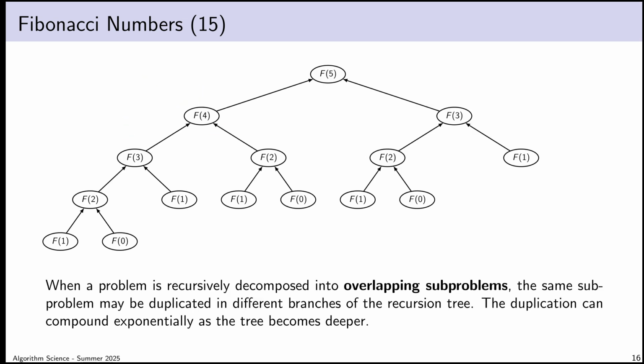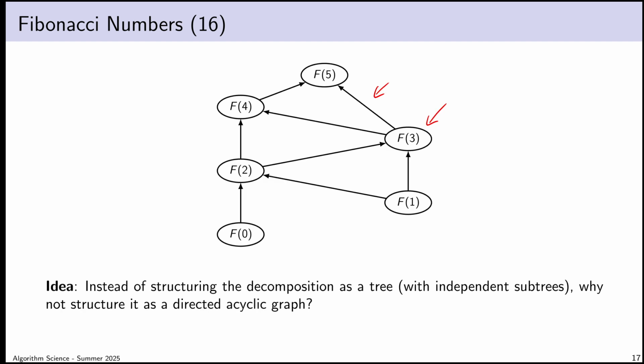Versus our tree-based representation where a particular subproblem might appear more than once, but every subproblem is only required by one other problem, the parent of that problem in the recursion tree. In my new graph-based representation, a particular subproblem occurs only once, but may be required by a bunch of other things.